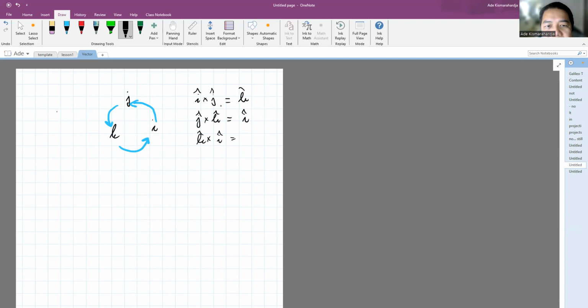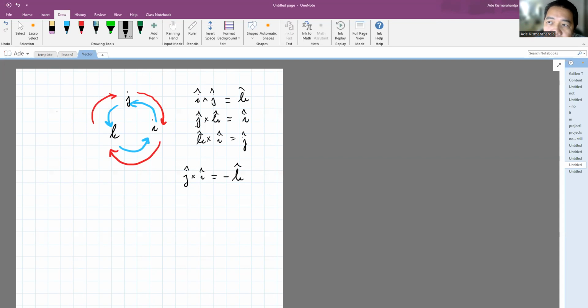Now, let me tell you another thing from this diagram. This is giving you positive unit vectors, plus K, plus I, plus J. Now, if you go in the clockwise direction, instead of I cross J, we go J cross I. What happens is you will get this guy, but it will be negative, so minus K. So J cross I is minus K. This is important when you have two vectors and do a cross product between them.